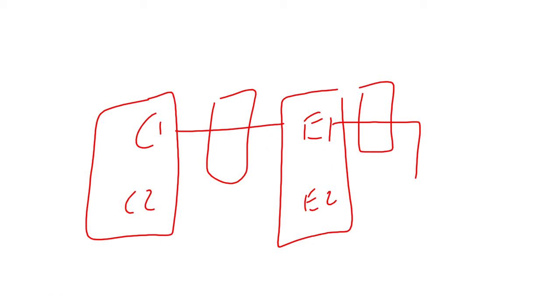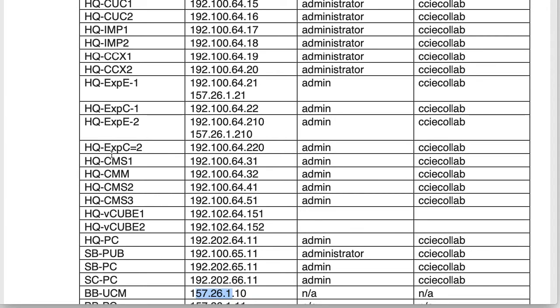So the expressways then have, if I look at expressway C, we have 164.22, and we have the second expressway, which is the same IP address with a 0 on the end, 220. And the expressway E, we've always had 64.21. Well, and there's the backbone as well, the 157.26.1.21.